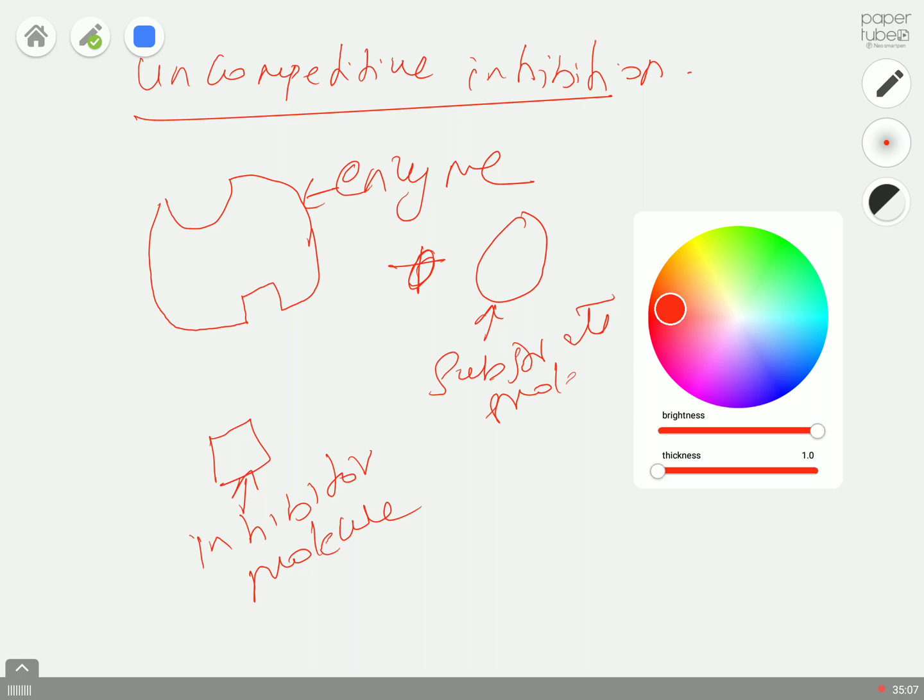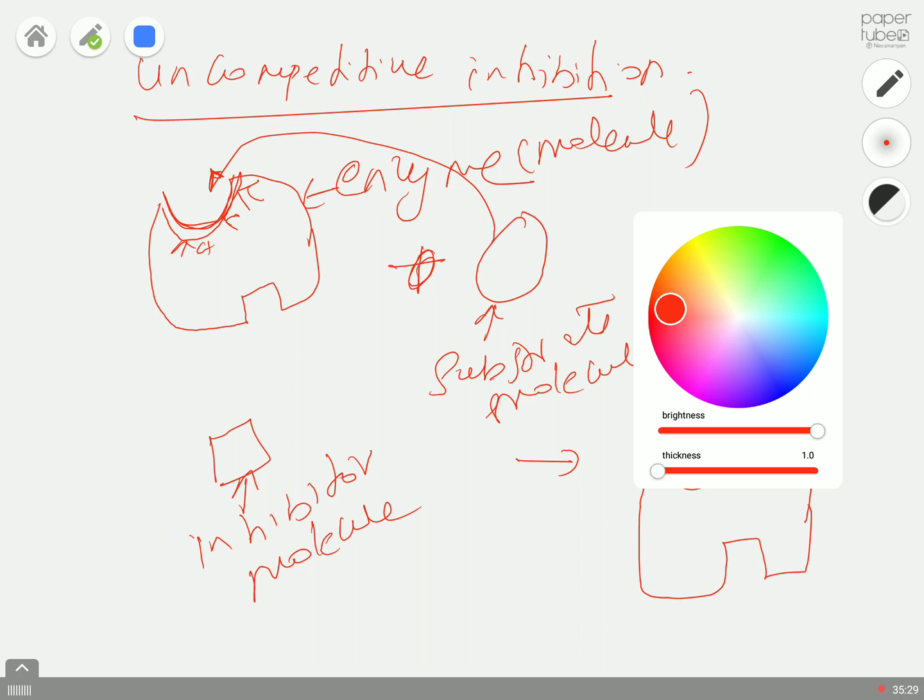Substrate molecule, enzyme molecule. So what will happen is, you can see the active space here. I'm just drawing some arrows to show you. So substrate can go and bind with enzyme. It can form enzyme substrate complex.